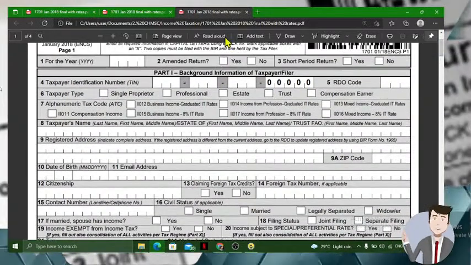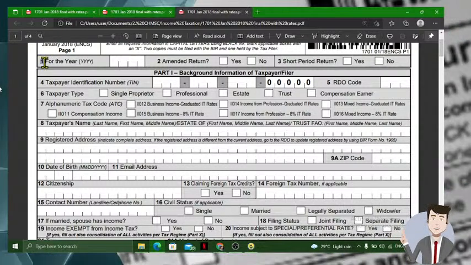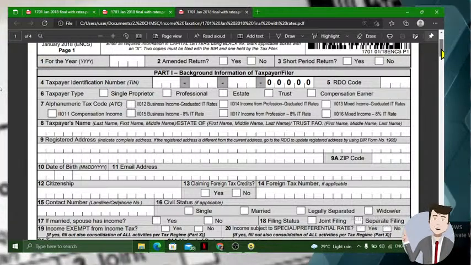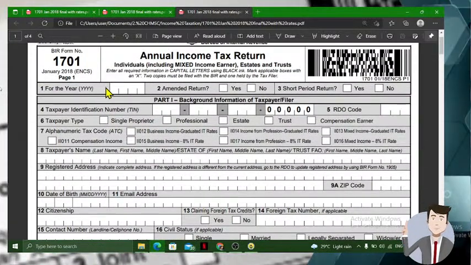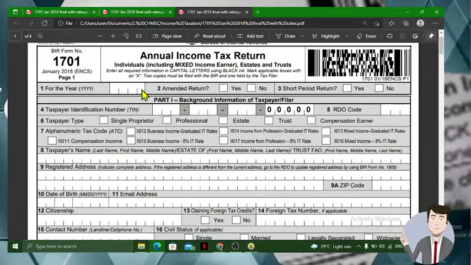Okay, so let's start. Information number one pertains to the taxable year for which you are filing, so that's year 2021 as the case may be.